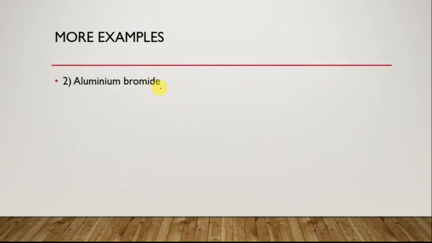Now students, let us do it quickly now because the concepts we all know already. Aluminium, and bromide means bromine. So it is Br. Brilliant. Next step, valencies.